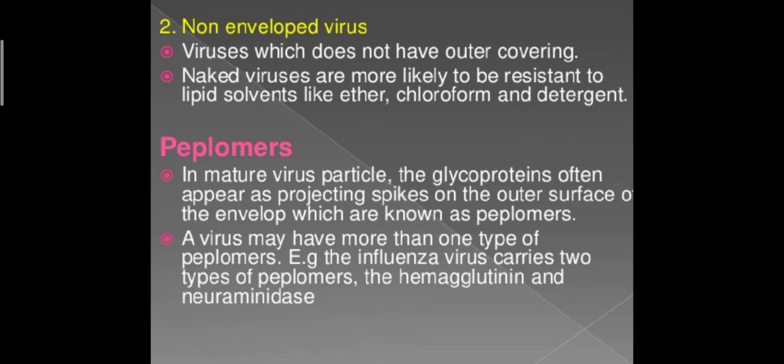In the present pandemic, the coronavirus has projecting spikes on the surface, so that the spikes can attach to the host cell and easily enter into human cells, causing damage or complications. A virus may have more than one type of peplomer. For example, influenza virus carries two types of peplomers, the hemagglutinin and neuraminidase.